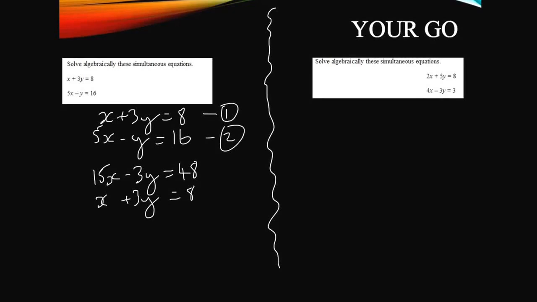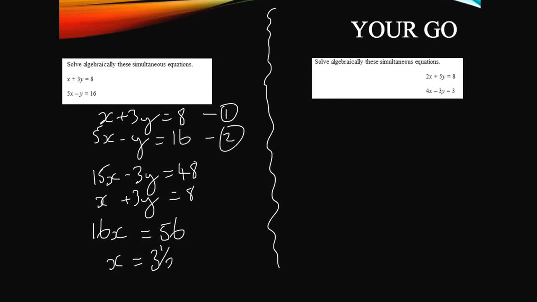So that's going to give me 16x equals 56. And we're going to divide 56 by 16, and we're going to get 3.5. So x is 3.5.